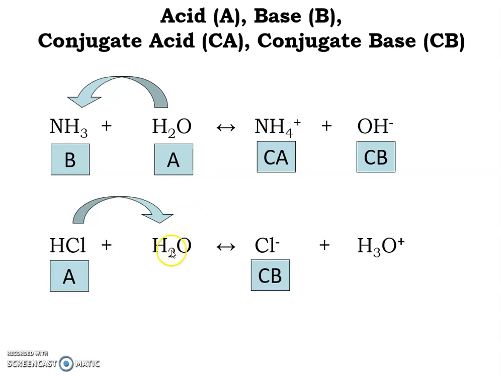The water is going from H2O to H3O plus, so going forward it's accepting the proton, and on the left side it's behaving as a base. What's left of it on the right side, coming backwards, would be my conjugate acid. Notice that in the earlier example the water was donating a proton, and here it's accepting one, so it behaves as an acid or a base. Again, it is amphoteric; it can do either one.